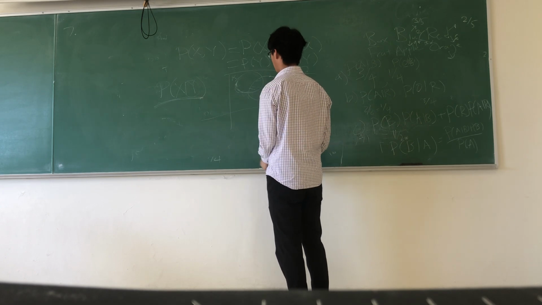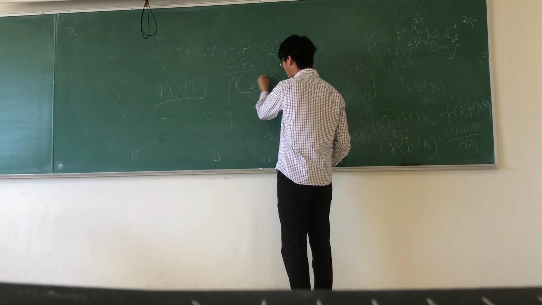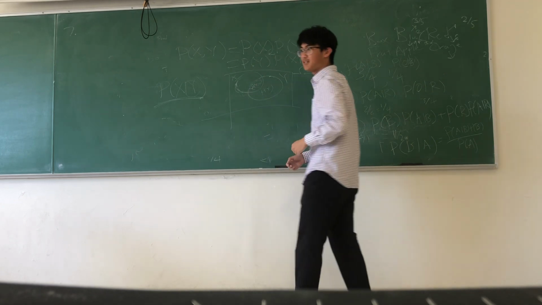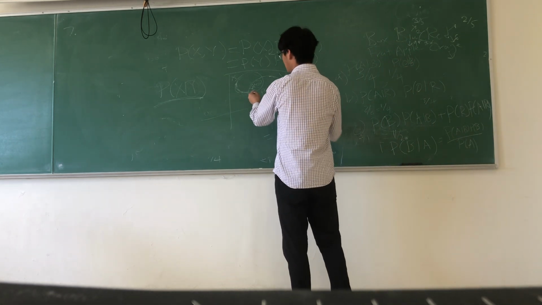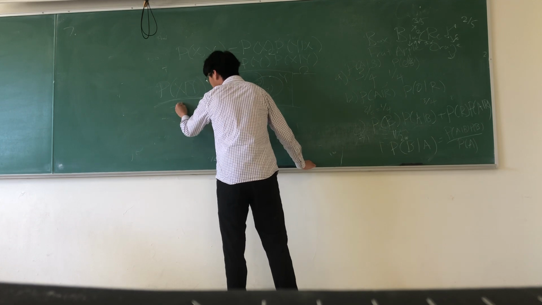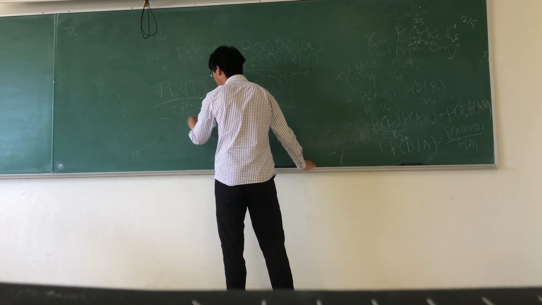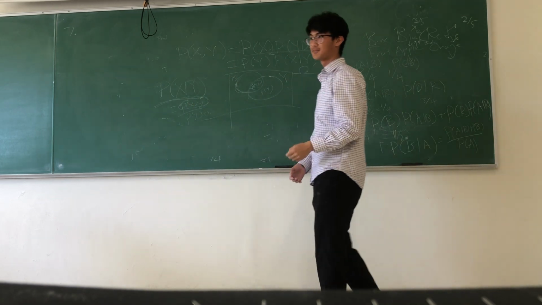So what's P of x given y? It's really intuitive: P of x and y over P of y. And you'll notice that is exactly Bayes' rule. That's where it comes from. P of x given y equals P of x and y over P of y, and we can rewrite P of x and y as P of x times P of y given x.